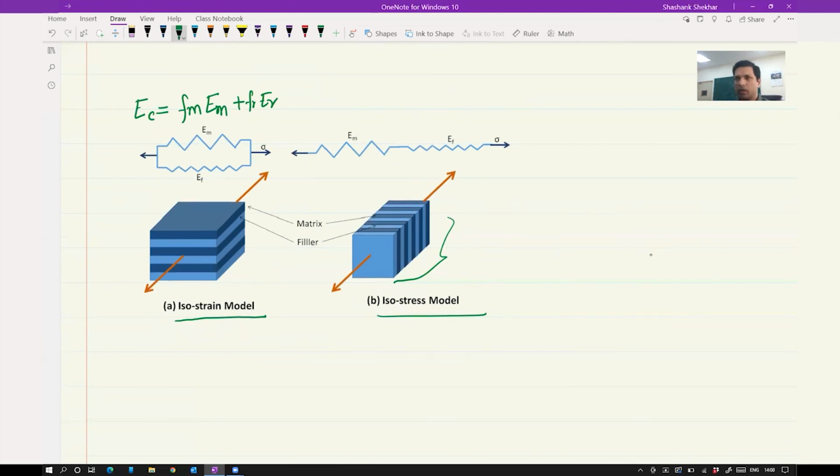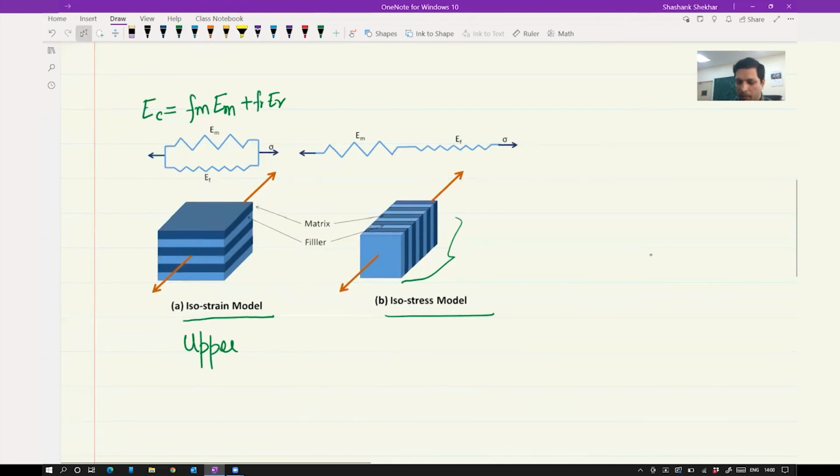It is also termed the rule of mixture, as the modulus is proportional to the volume fraction of each phase. As we'll show later, this forms the upper bound, meaning that the modulus of the composite cannot be higher than this. We will not derive this, but we'll show with a schematic what we mean by saying upper bound.